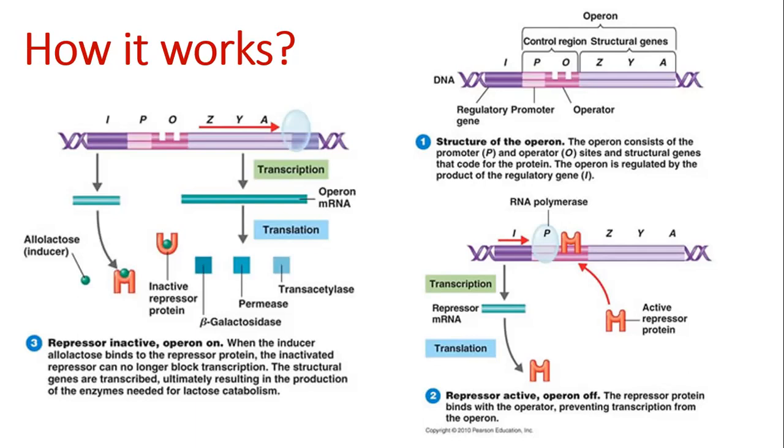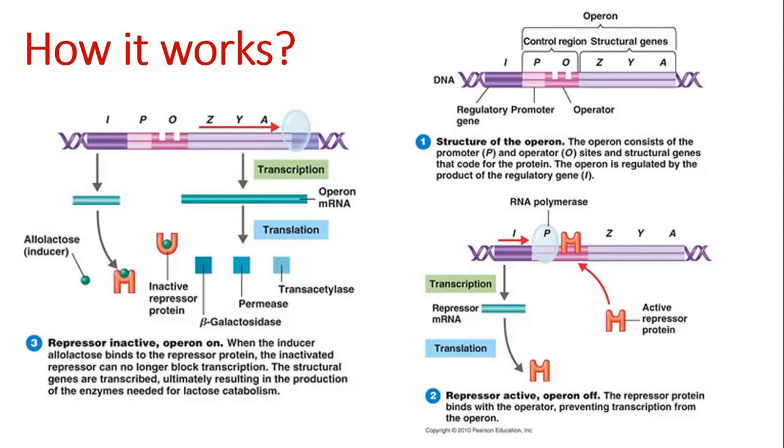Another inducer of Lac operon is IPTG, which I already mentioned. However, the inducer IPTG is not metabolized by E. coli and is often used for experimental studies of induction. Allolactose binds tightly to the repressor and causes a conformational change that reduces the affinity of the repressor for the operator site.